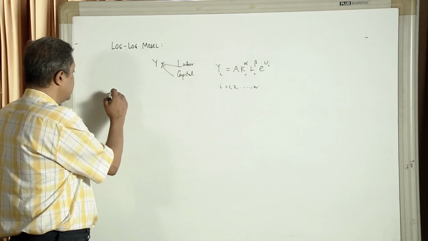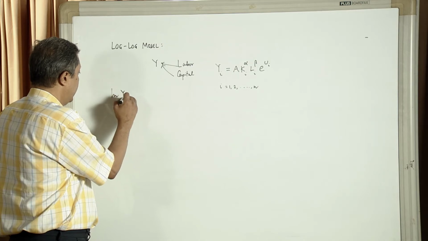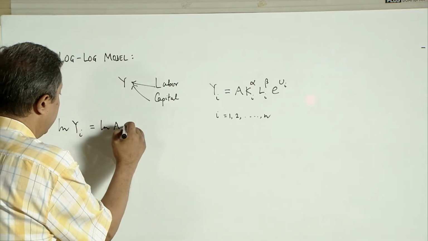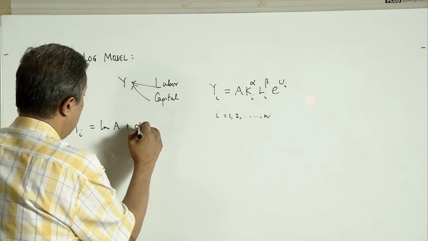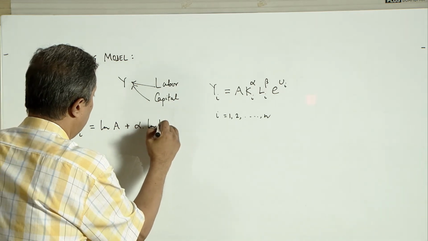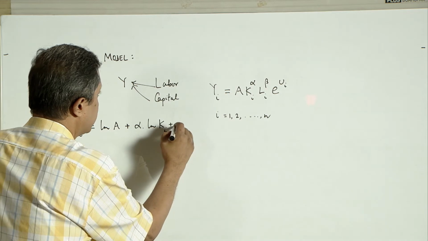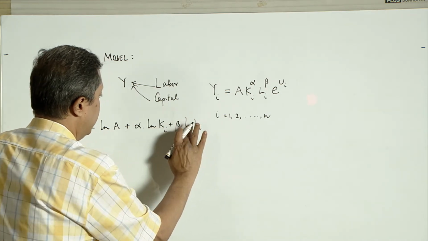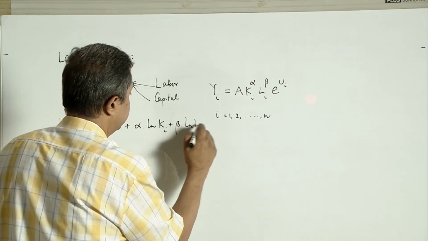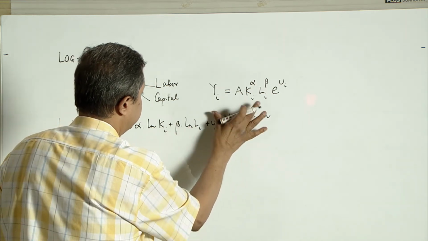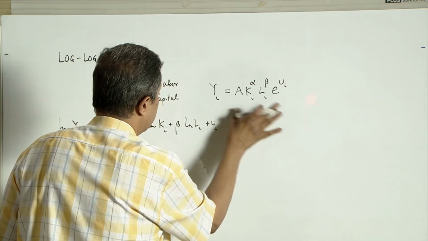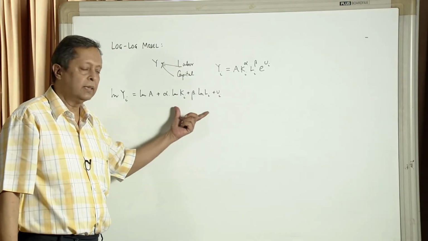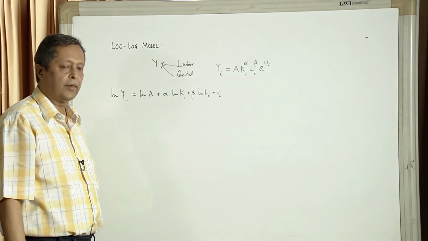So, what we get is log yi is equal to log of a plus alpha log of ki plus beta log of li plus ui. That once again is a standard classical linear regression model.